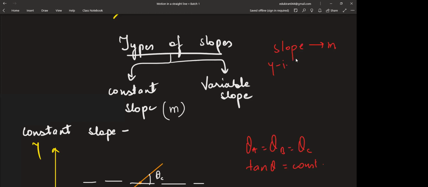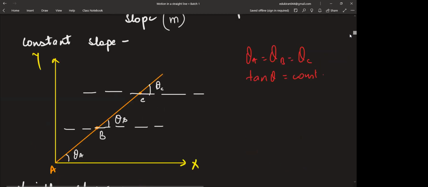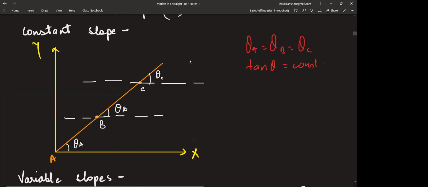And for the y-intercept, we use the symbol C. This is usually what is followed. So for a constant slope, this is a straight line graph.